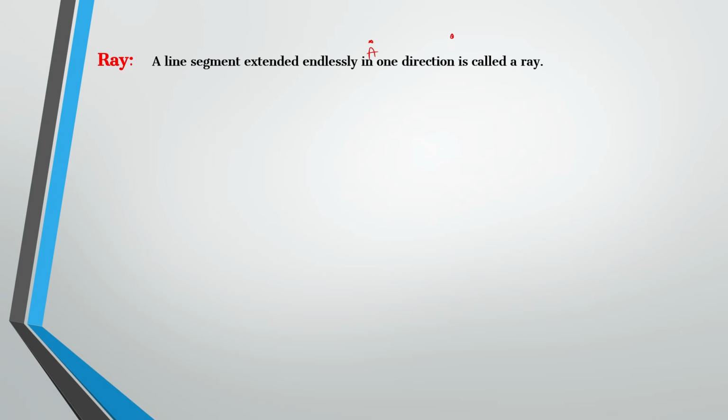If you take point A and point B, the line segment connecting them is the shortest path between A and B. And if this line segment extends endlessly in one direction, then it is called a ray. Observe this: the initial point is O and it is passing through A, so this is represented by OA.